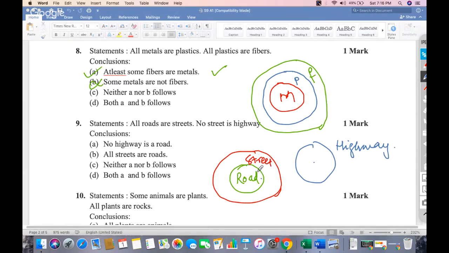When a set does not have any combination with any other set, its subset cannot have any combination with any other set. So "all streets are roads" is wrong, because only some part of a street is road. "No highway is a road" is correct. So 8 is A and 9 is A. That is the answer.